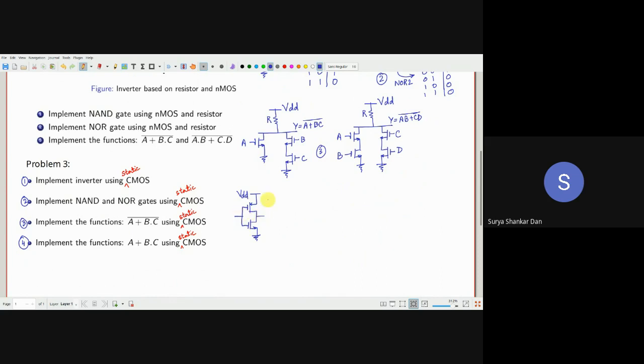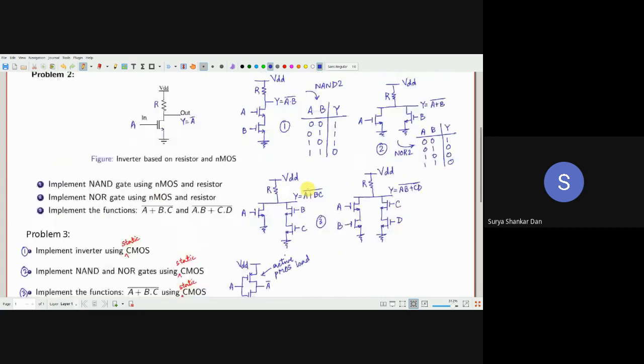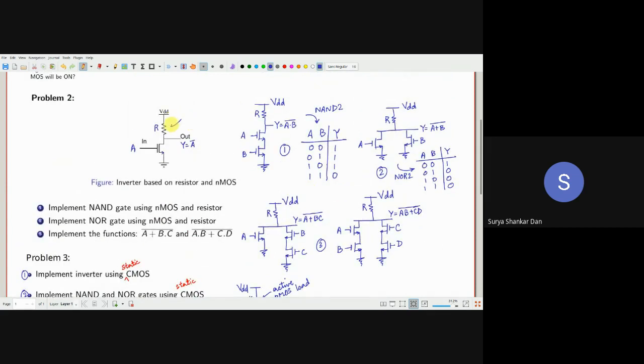So all I have done is I've replaced the resistive load with an active PMOS load. Okay, so this is an active PMOS load, and in this case it was a passive resistive load.